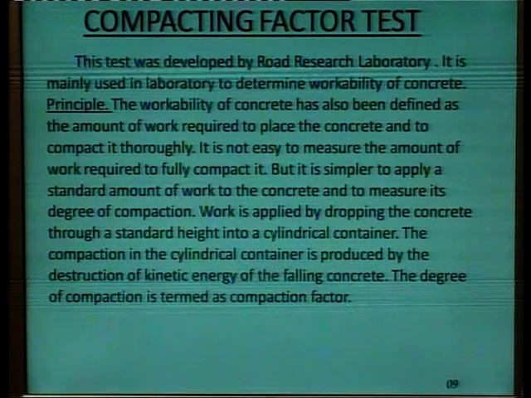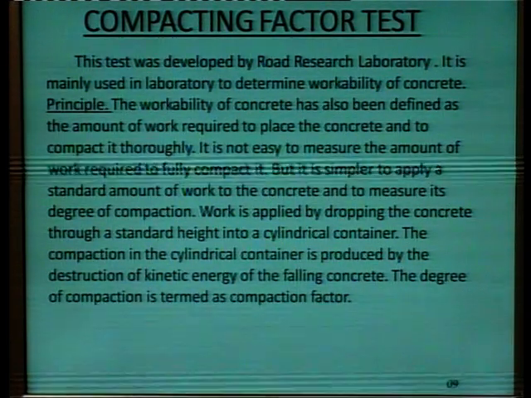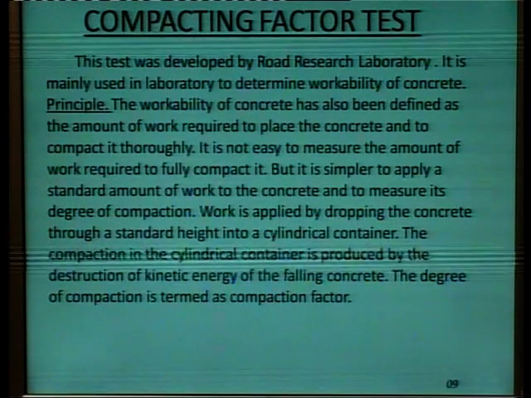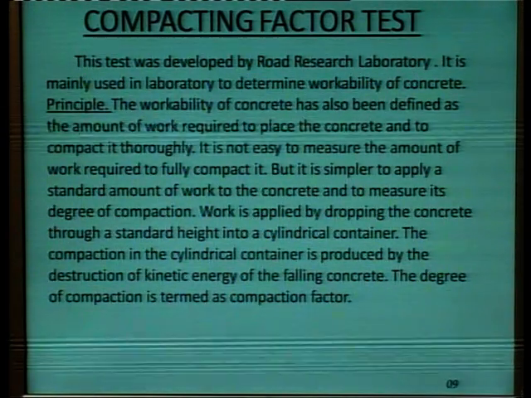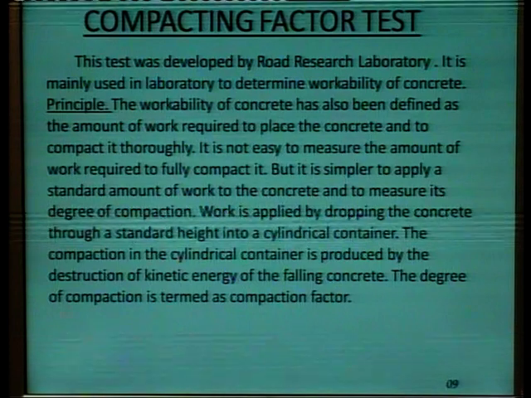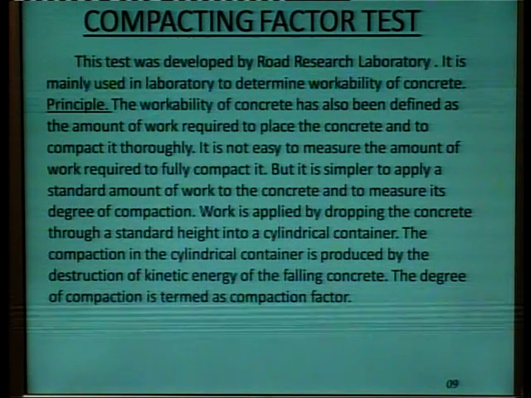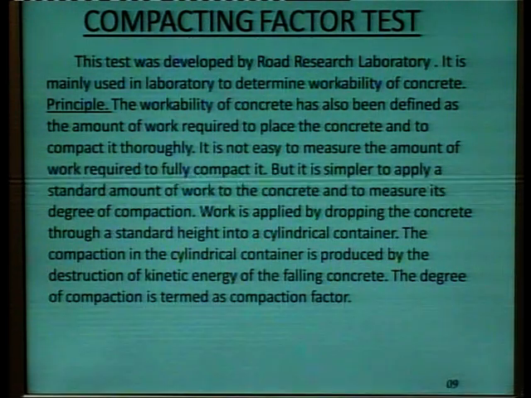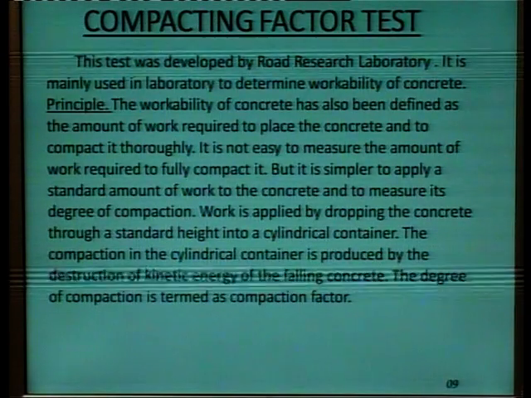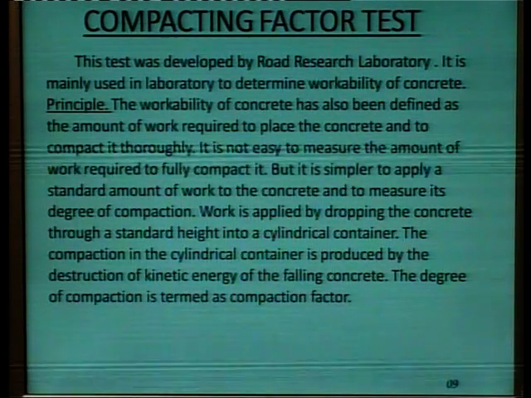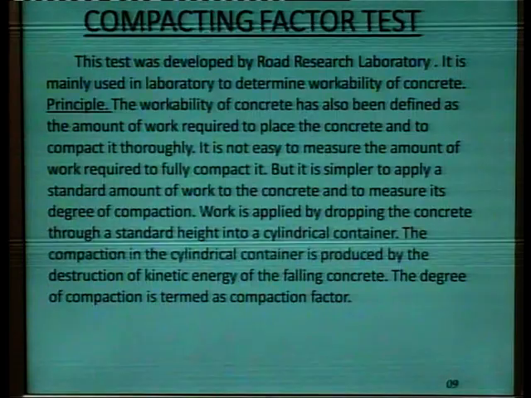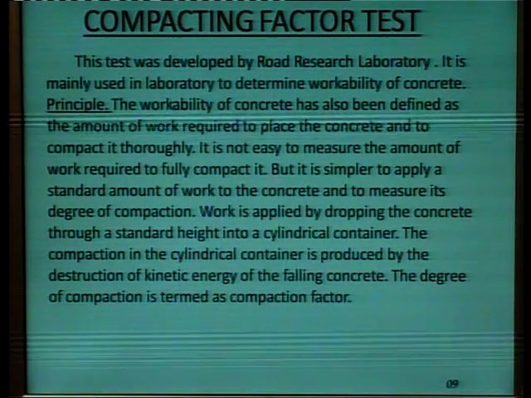Work is applied by dropping the concrete through a standard height into a cylindrical container. The compaction in the cylindrical container is produced by the destruction of kinetic energy of the falling concrete.